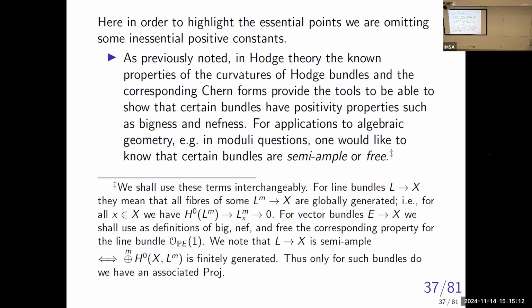This is just repeating what I said earlier about the curvature of Hodge bundles. The positivity properties are, if you have everywhere non-degenerate curvature form, I'll define that in a minute, then you're going to get real positivity in the usual sense of line bundles and vector bundles.